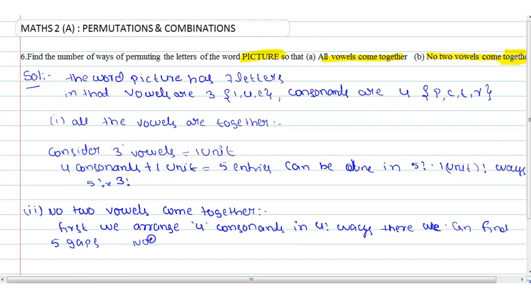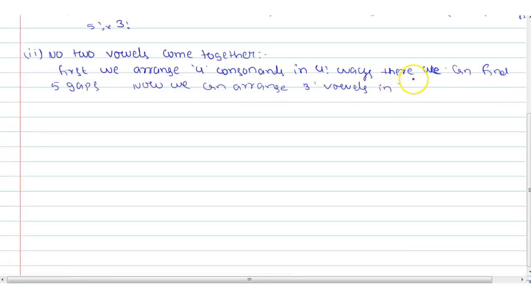Now we can arrange the three vowels in the 5 gaps, which is 5P3 ways.